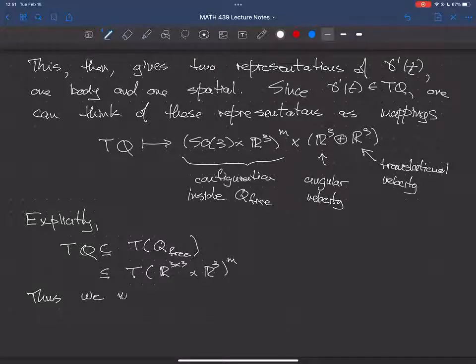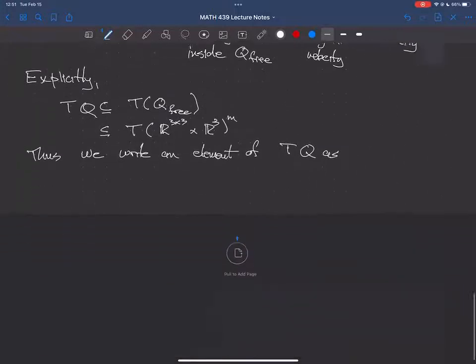And so therefore, we're going to write an element of TQ as a big long string of stuff, but all of it's very simple. First there's going to be the Q part, and the Q part looks like that.